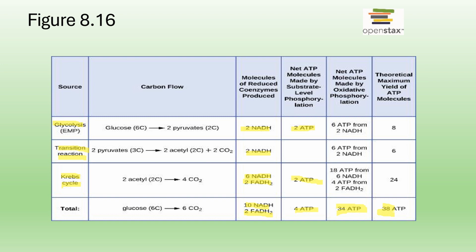Passing that pyruvate across the membrane costs you 2 ATPs. Everything else occurs inside the mitochondria. Prokaryotic cells don't have a mitochondria. This just occurs with proteins along the cell membrane.